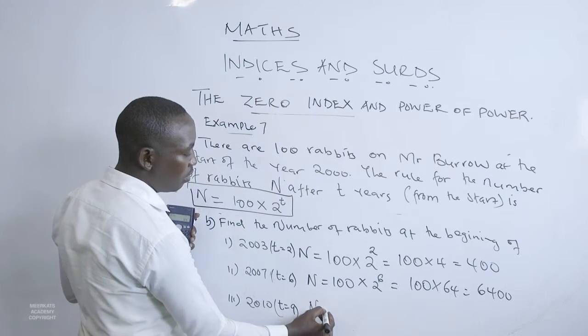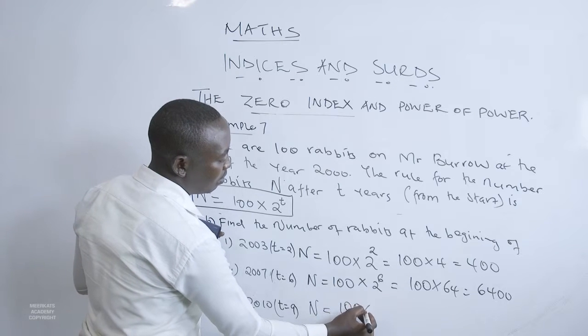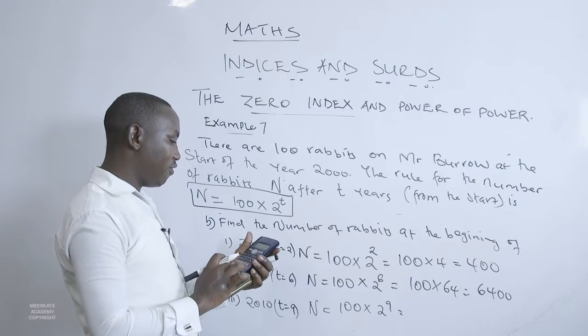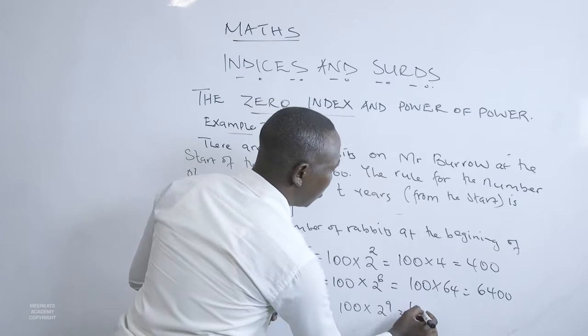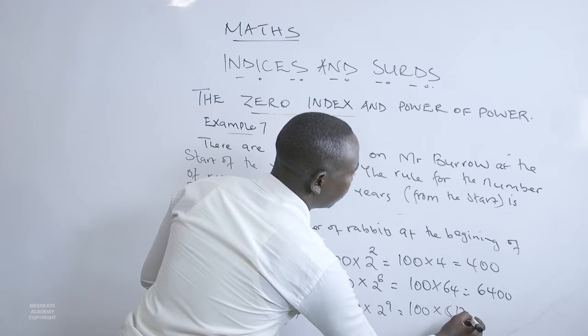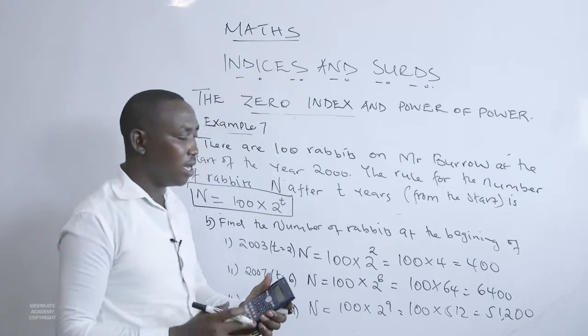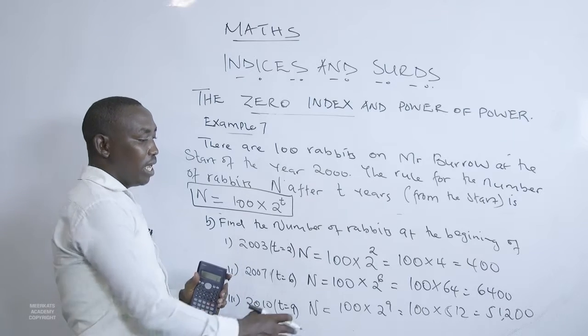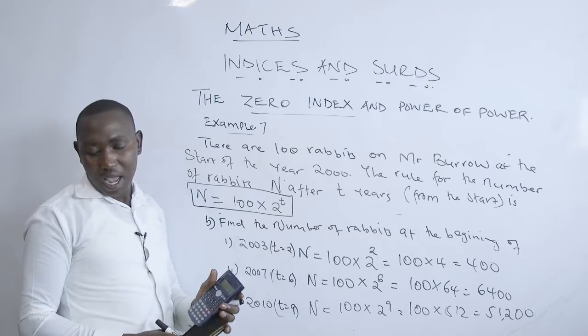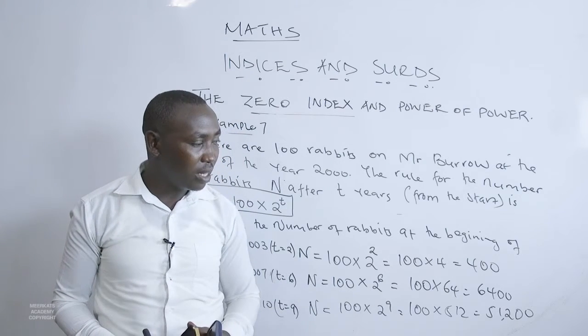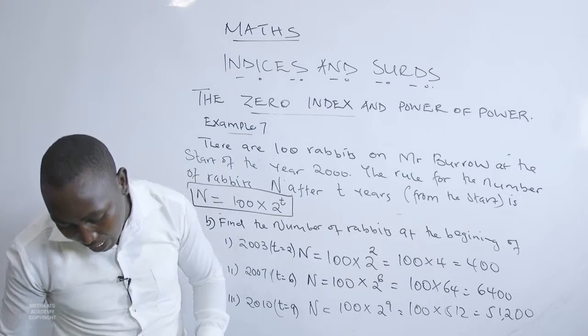Then for the final one, when t is 9, this shall be 100 times 2 raised to 9. 2 raised to the power of 9 is 512, so this will be 100 times 512, which will give us 51,200 rabbits. So at the beginning of the year 2010, at the Barrows farm, we shall be having 51,200 rabbits.